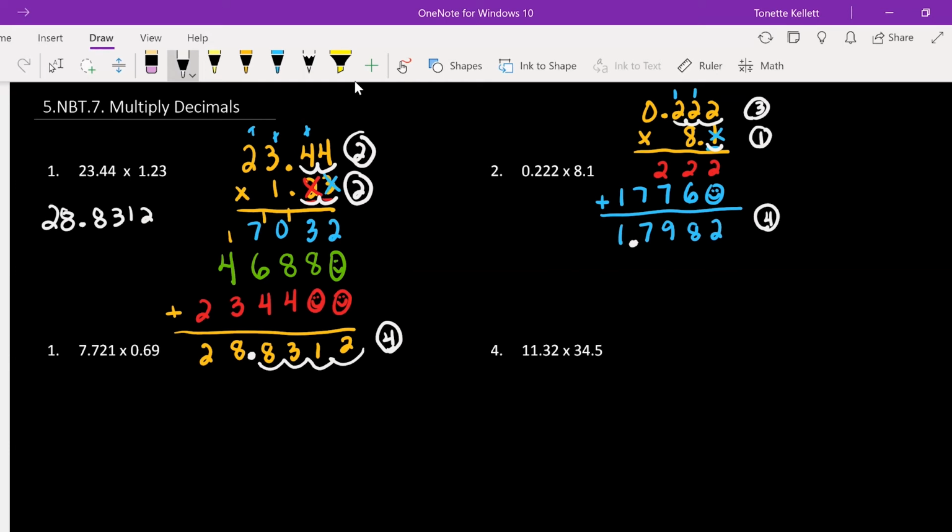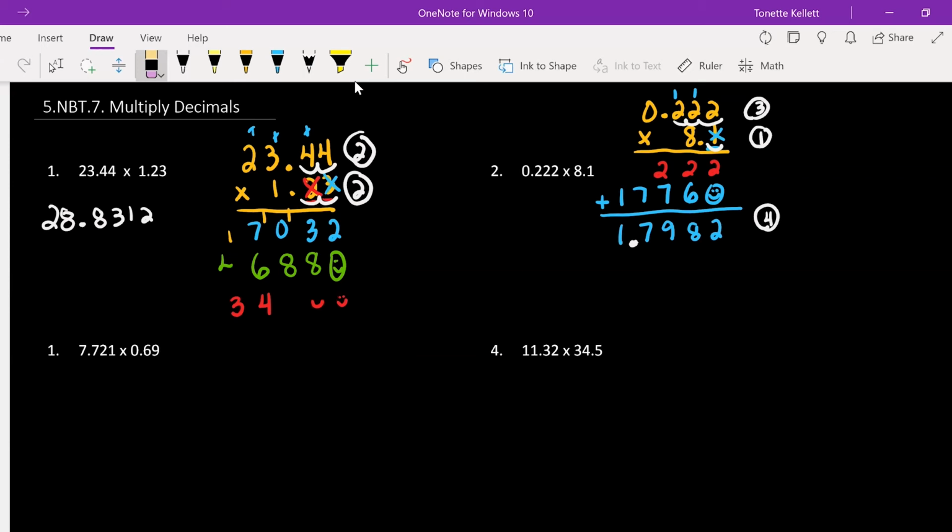Okay, let's take a look at number 3. I'm going to have to erase some of number 1 so that we have room to write number 3. 7, 7, 2, 1, and 0, 6, 9. 9 times 1 is 9.